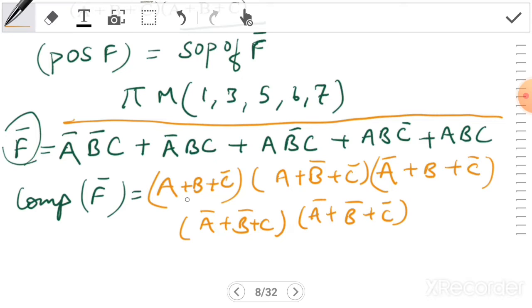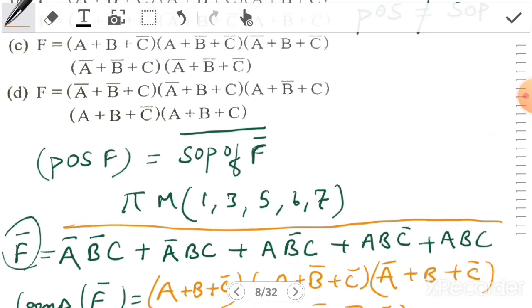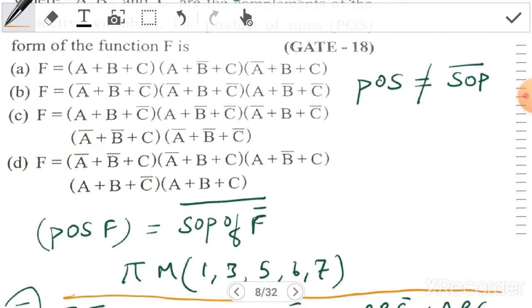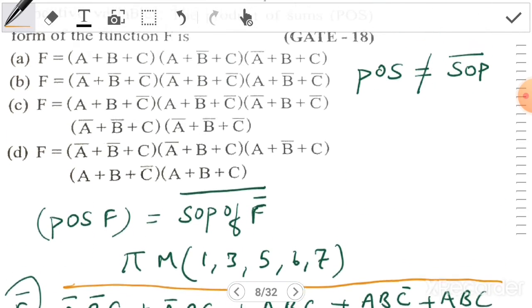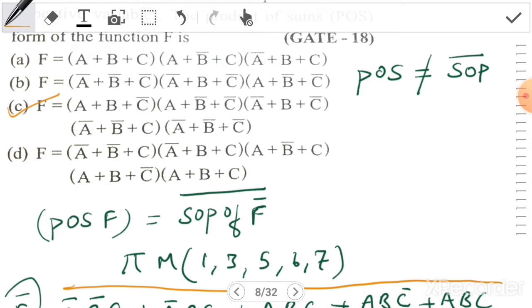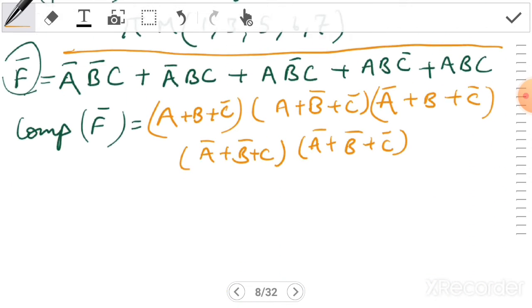Verify this again. Yes. Right. So the answer is C. Next, let's go to the next question.